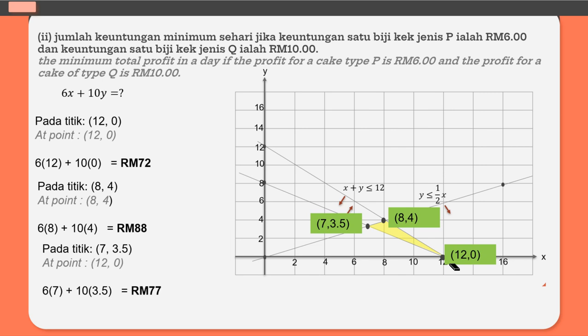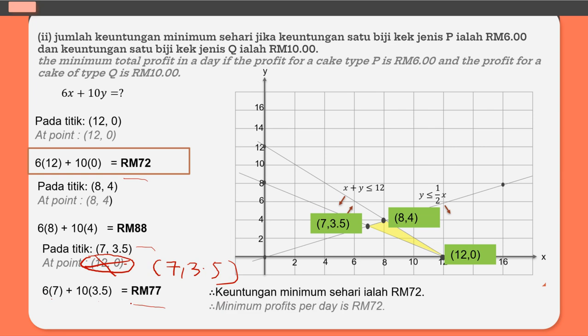And then at (7, 3.5), a little mistake here, I mean this one, so this one is (7, 3.5). So inserting the value 3.5 and the value of 7, we get 77. So among these profits, which one is the minimum profit? Of course we choose the 72. So we conclude the minimum profit per day is RM72, right?